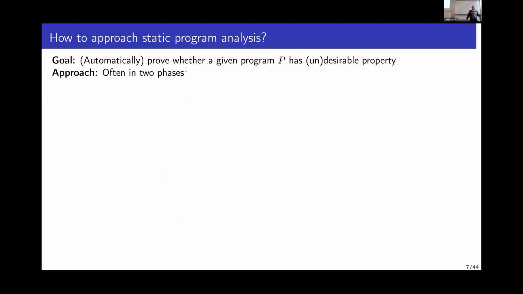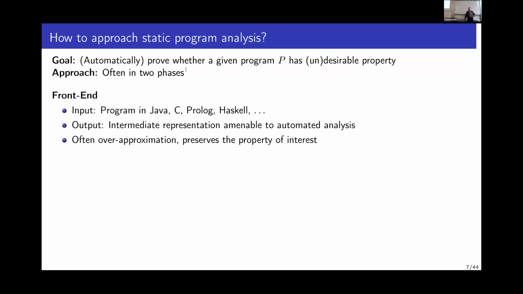So how can we then approach the static program analysis? So the goal is to prove whether a given program has a nice property, or to find a witness that it does not have that nice property. And this approach is often done in two phases. In this talk, I'm going to call the first phase the front end, similar to a compiler.